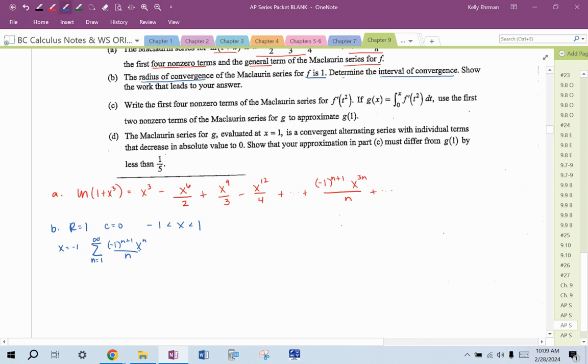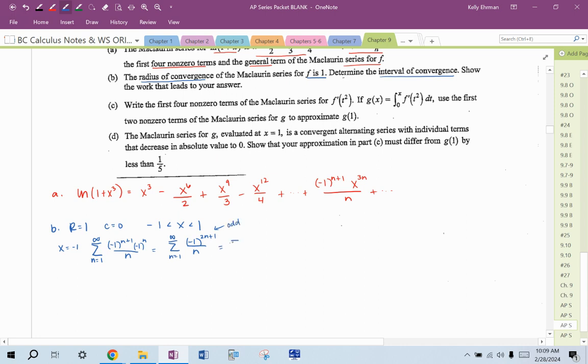All right, so what do we do when x equals negative 1? So we're putting in negative 1 for that x. And let's simplify that, because the whole point is this alternating or not? So because these are both base negative 1, you can add the exponents to be 2n plus 1 over n. Now 2n plus 1, if you multiply a number by 2, you're forcing it to be even, and then you're adding 1, which will always be odd.